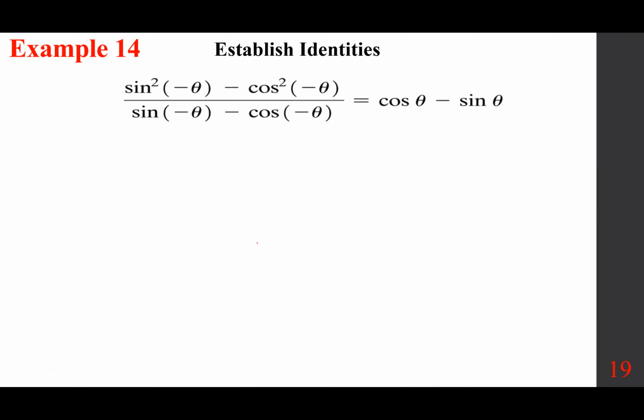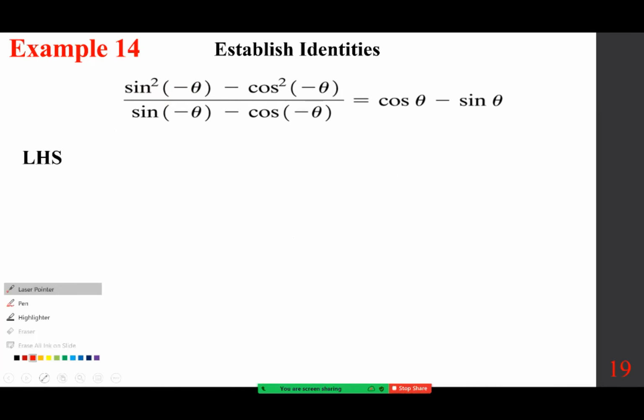We want to establish identities that involve arcs or angles that are negative. So obviously we start from the left-hand side. We know this means sine of negative theta to the second power.